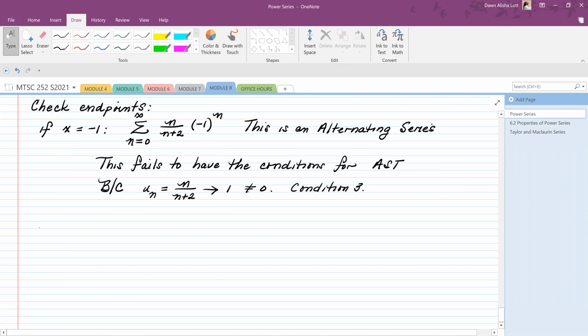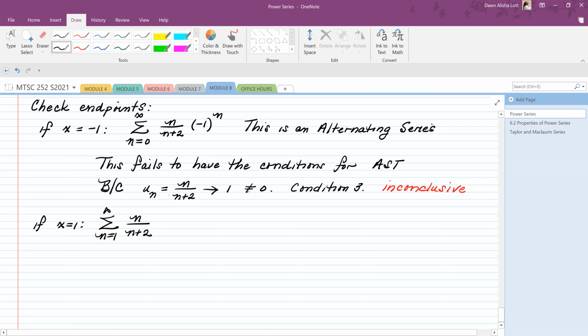So basically all of this is inconclusive. I'm not going to fill it in because it's inconclusive. But if I check x equal to 1, I get the summation n equals 1 to infinity of n over n plus 2.